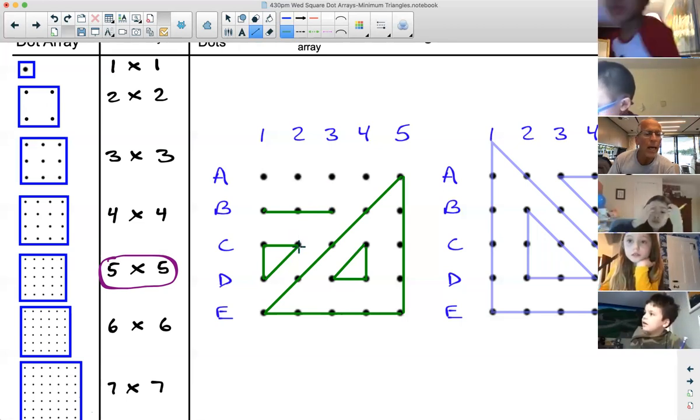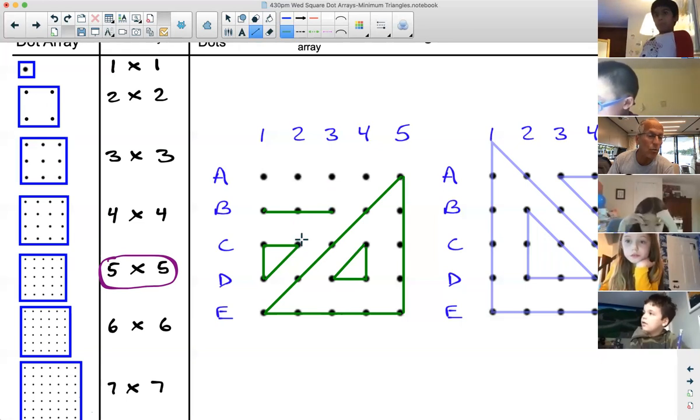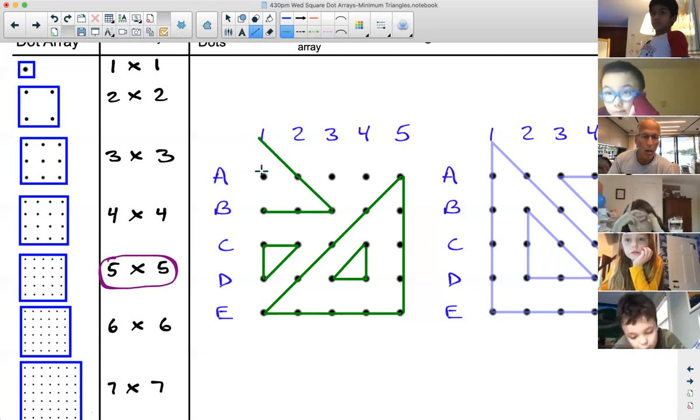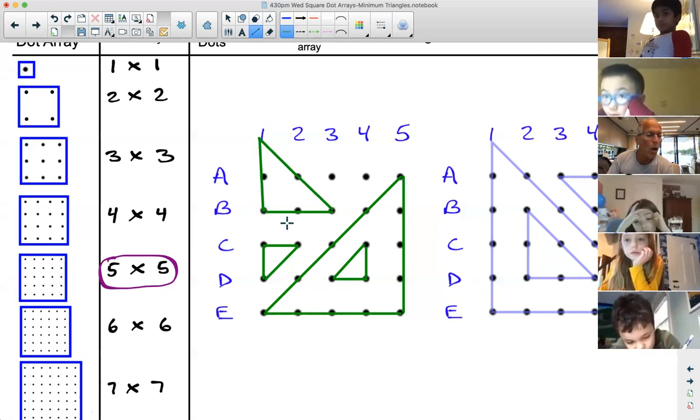Well, you can't go back to C2. C2 is already occupied. A2, can you go there and then keep going so it's there, yeah. And then do another triangle from A3 and 4 and then go one unit above.